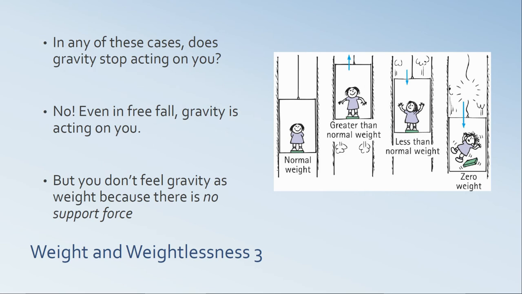In any of these cases, would we say that gravity has stopped acting on the little girl? Well, no. Even when she's in free fall, gravity is acting on her. In fact, in free fall, gravity is the only force acting on her. But she doesn't feel the gravity when she's in free fall because there's no support force. So she doesn't feel that weight anymore.